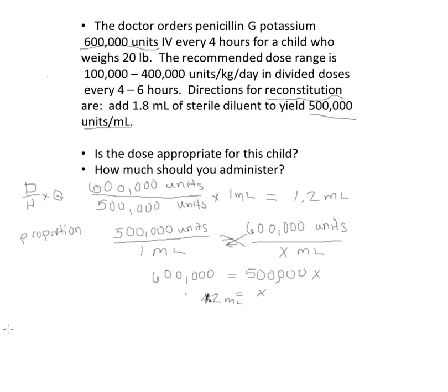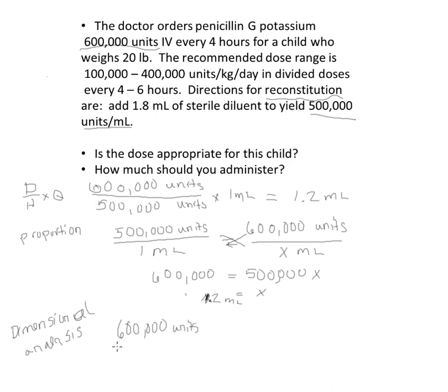The last way that we can do this problem is by the dimensional analysis. In the dimensional analysis approach, we start with what is ordered, and so we have the order of 600,000 units.